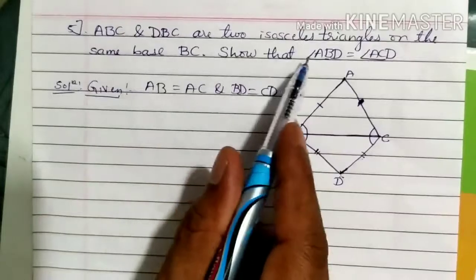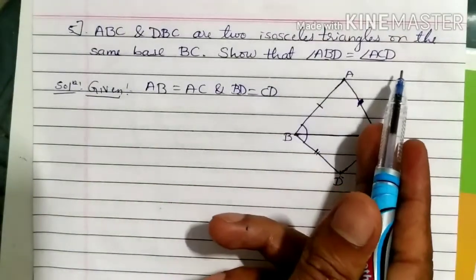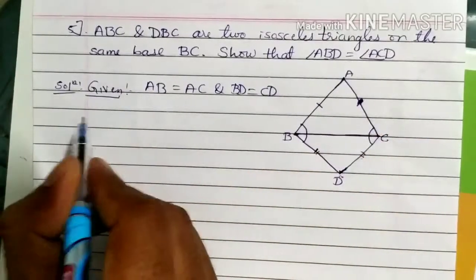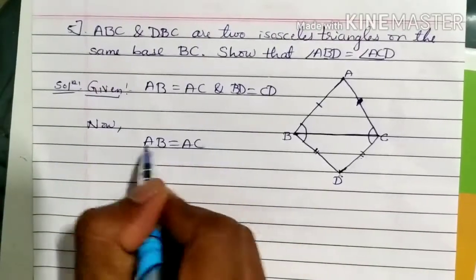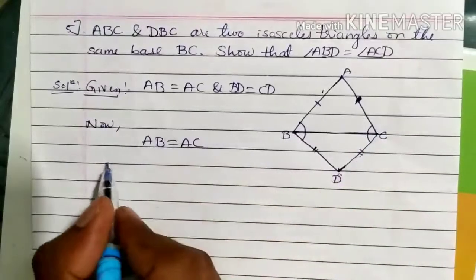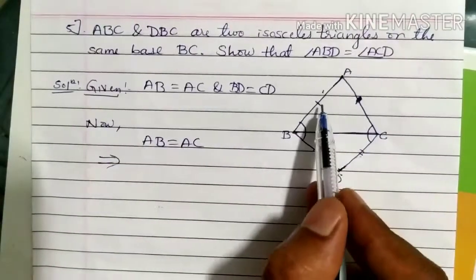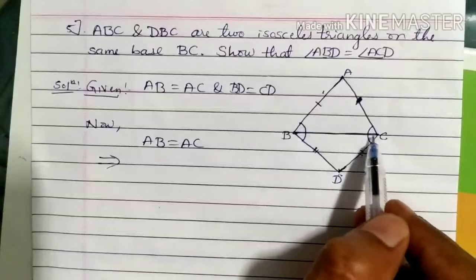Show that angle ABD is equal to angle ACD. Now, AB is equal to AC, which is given, which implies ABC is an isosceles triangle.